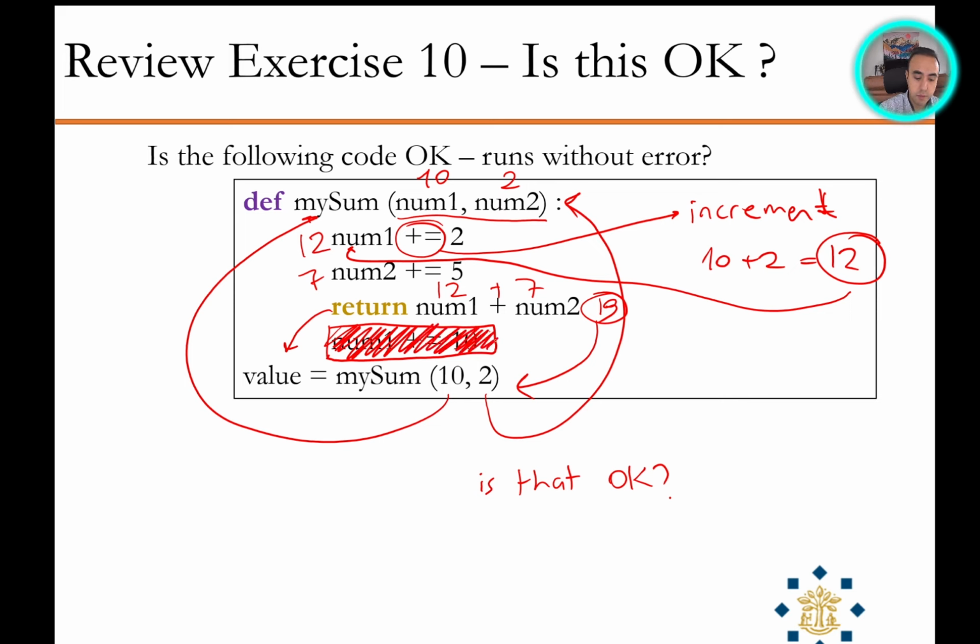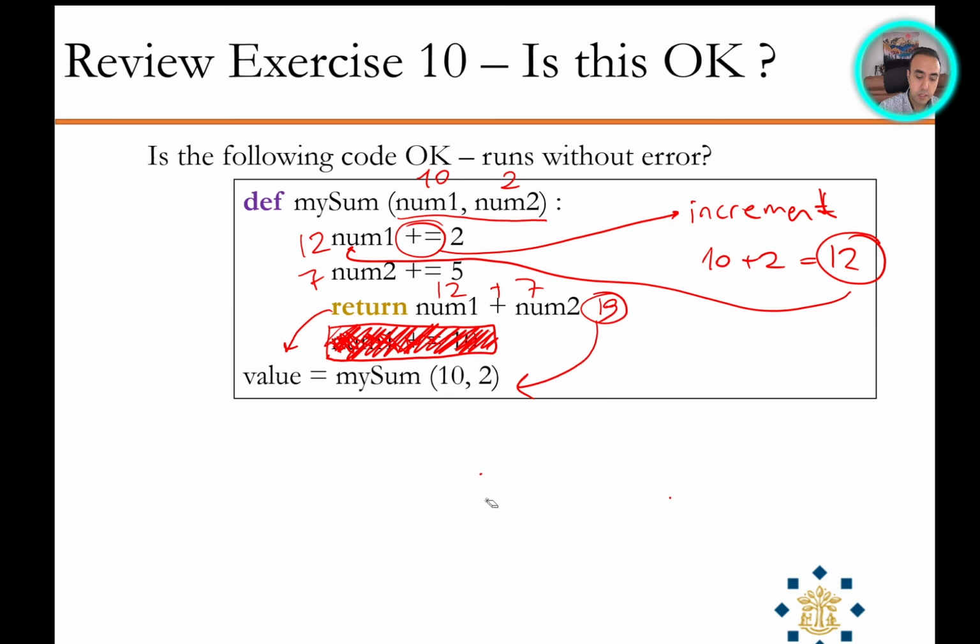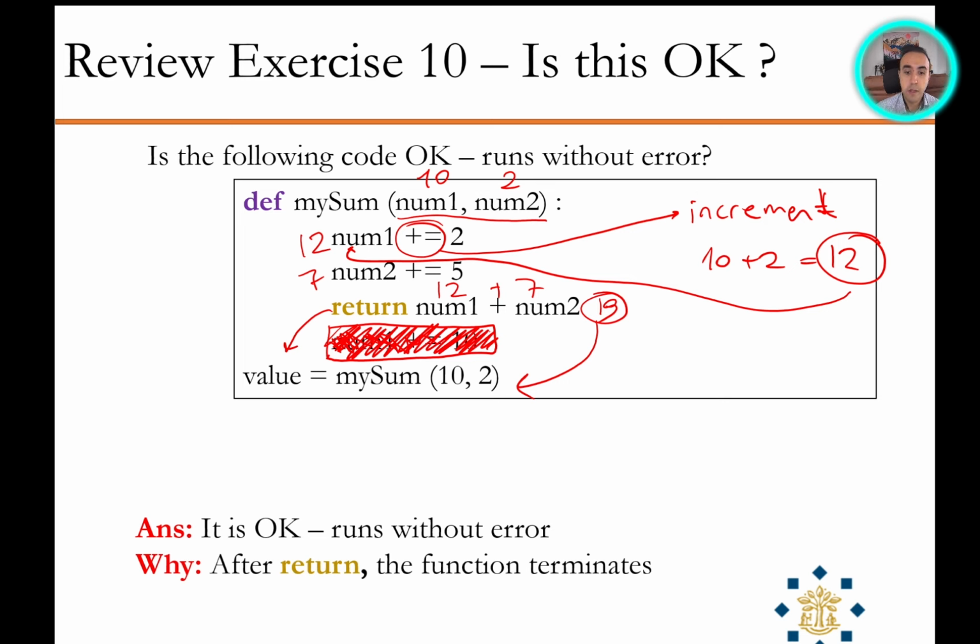Because remember, as soon as the function sees a return, it terminates. Okay? So having said that, it still runs without error. So there is no error in this code. After the return, the function terminates.